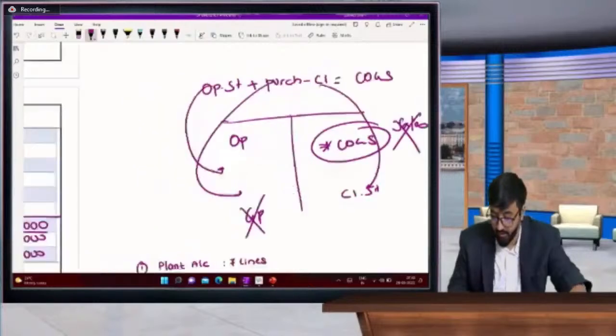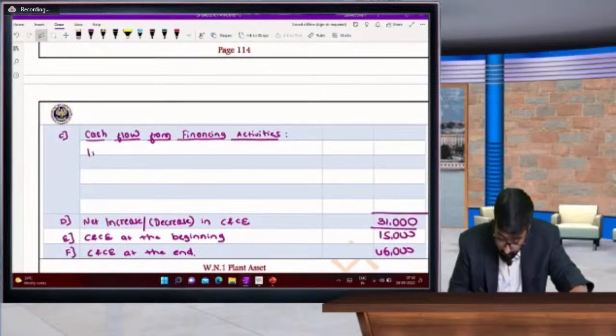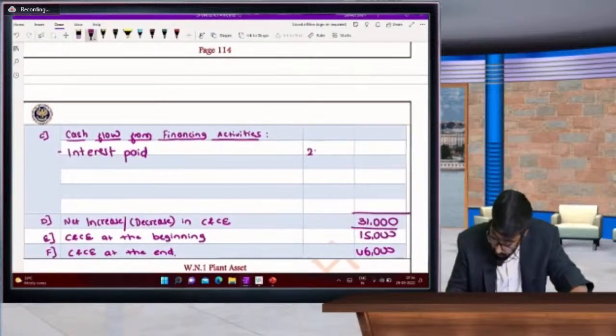No problem. Interest paid, first dash, interest paid is your outflow 23,000. 23,000 outflow.